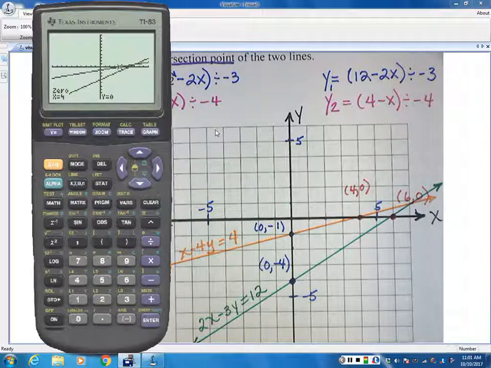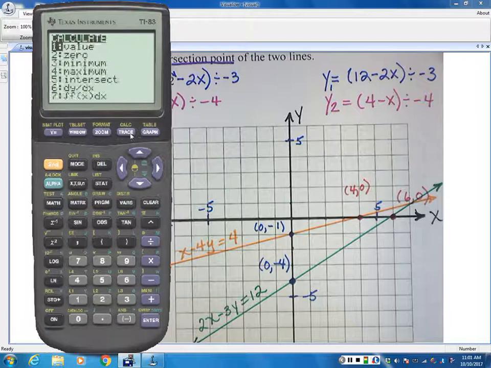It has to be on screen. So if your lines haven't crossed, you're going to have to adjust your window so that you can actually see where they cross. Now, fortunately for us, we can actually see where these lines cross. So all we have to do is hit Second, Trace, go back again to that Calc menu.